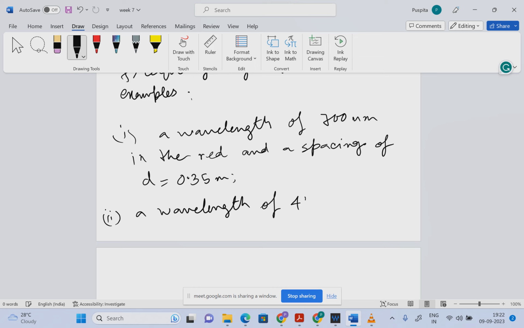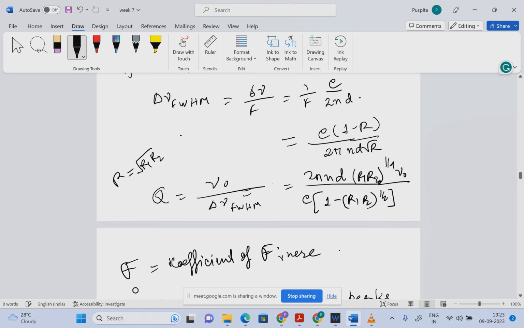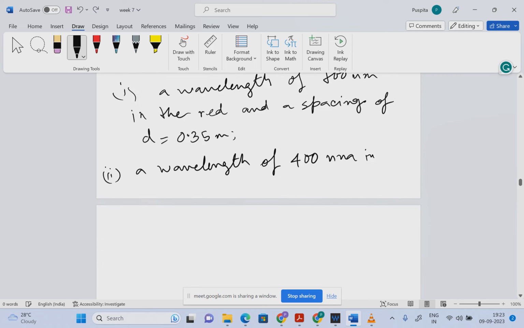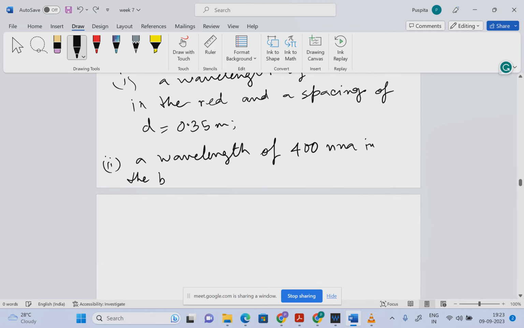Wavelength of 400 nanometer in the blue and a spacing of 0.4 meter.